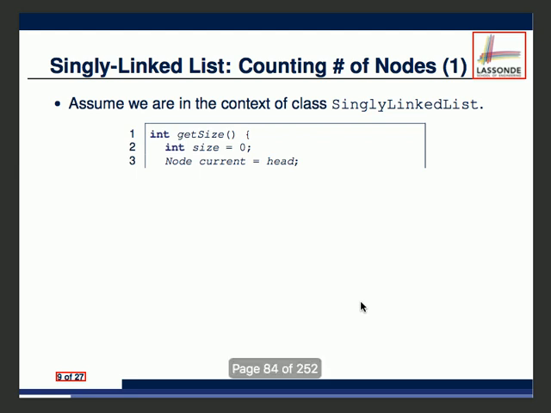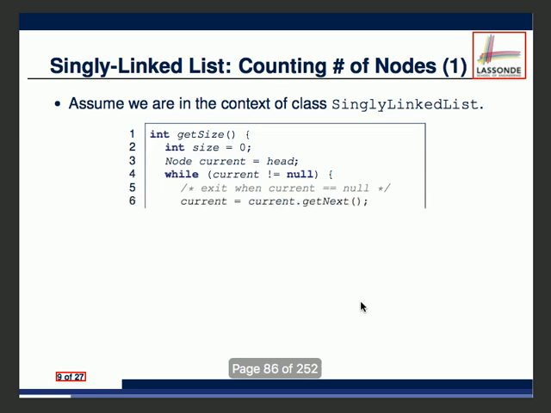Let's now see a critical line of the code. Can we look at line number 6? Let's try to understand what this is doing. Current is assigned to current.getNext. What does that mean? That's the most critical line.